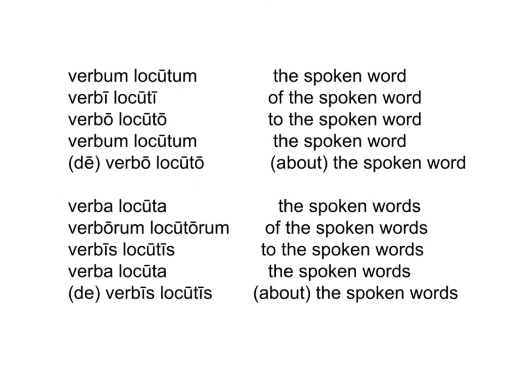Finally, look at how we decline the perfect active participle together with a noun. Remember we said that the perfect active participle goes by the first and second declension adjectives.